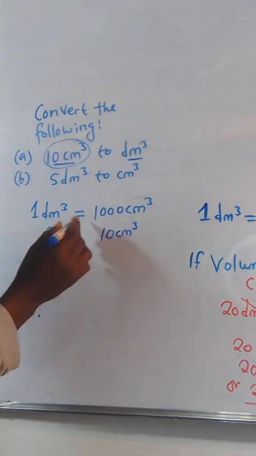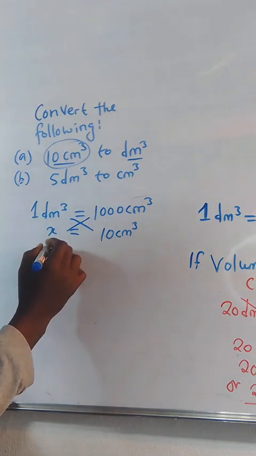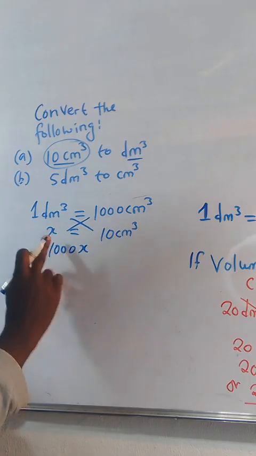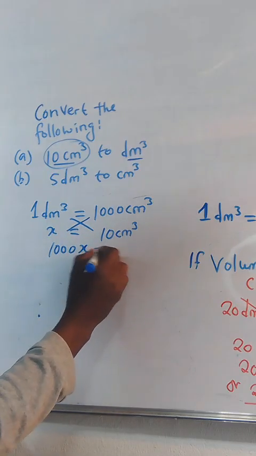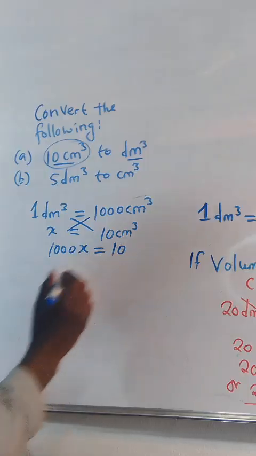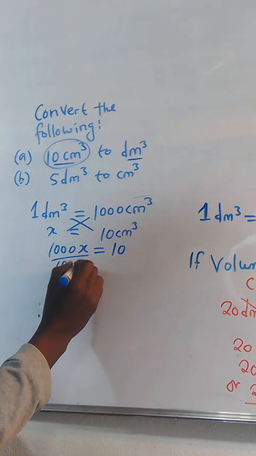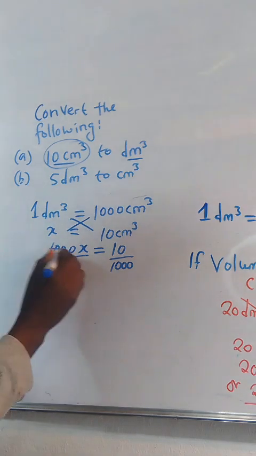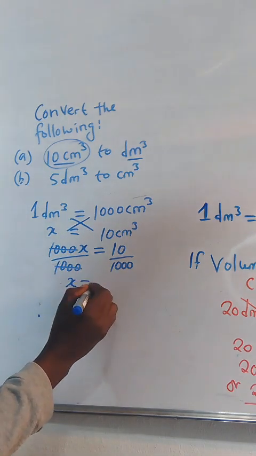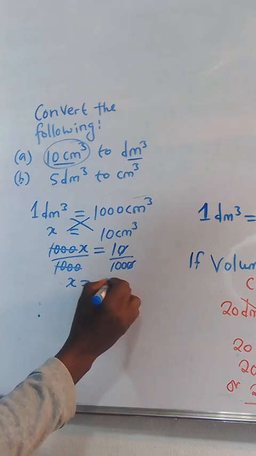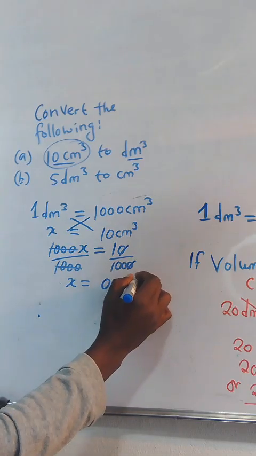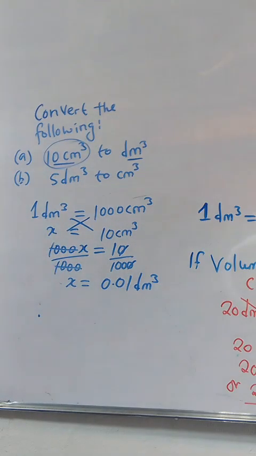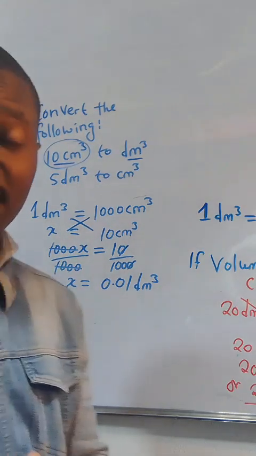From there we cross multiply, this times this, then you divide, and from there this cancels. And this is how you can convert.